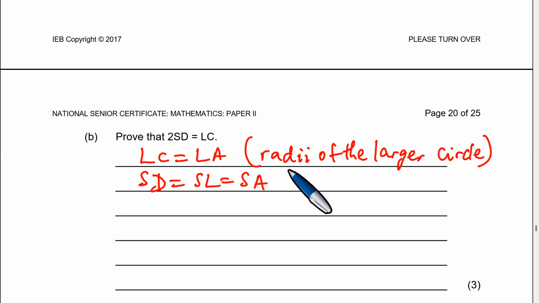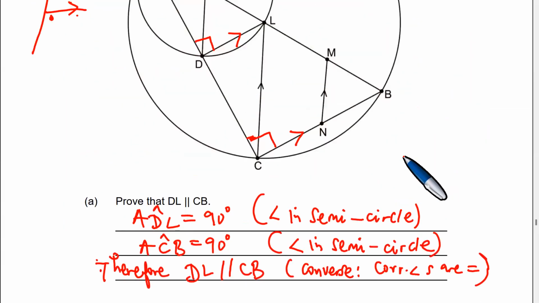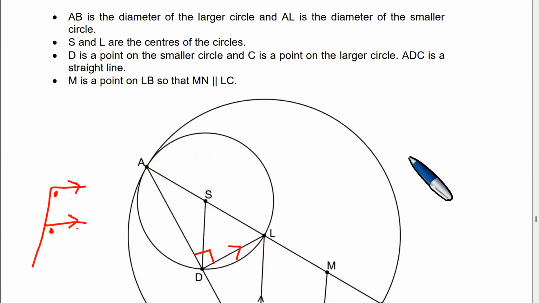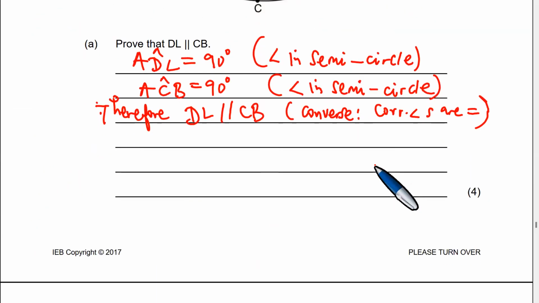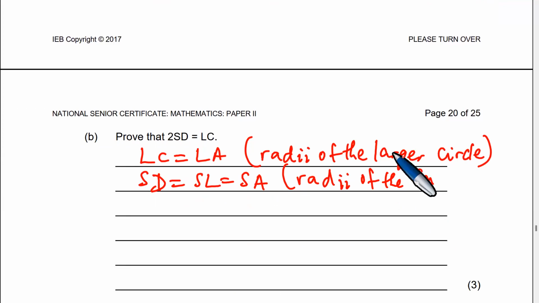These are the radii of the smaller circle.